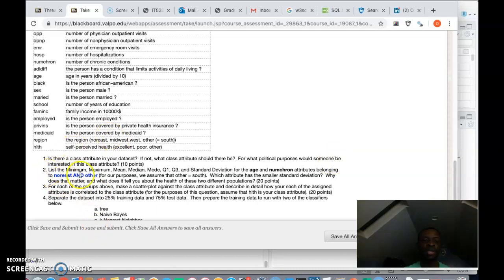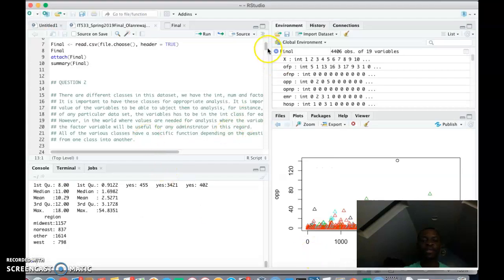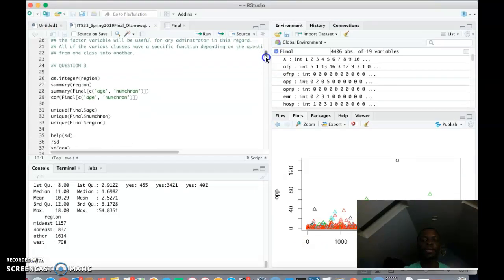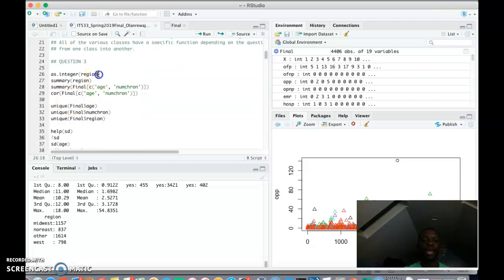Question 2 says: list the minimum, maximum, mean, median, mode, quartile 1 and quartile 3, and the standard deviation for the age and non-chrome attributes belonging to northeast and other. I achieved this by converting my region to integer, because region is a factor that has an order.